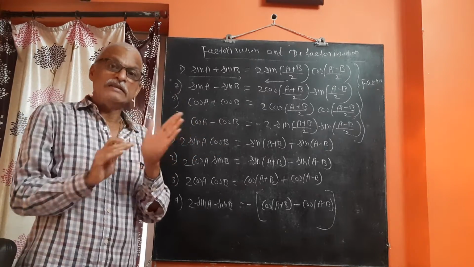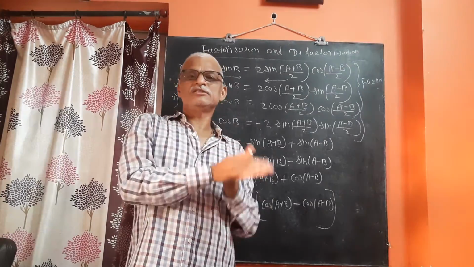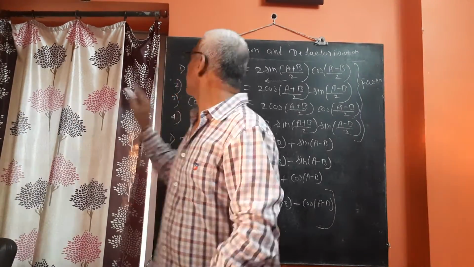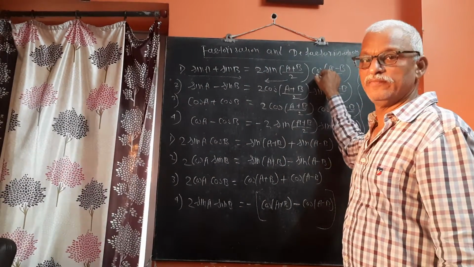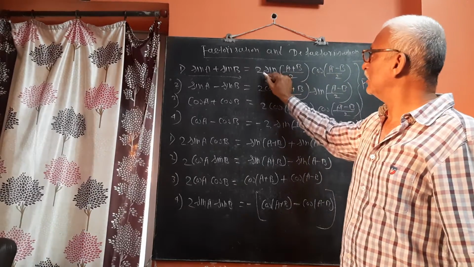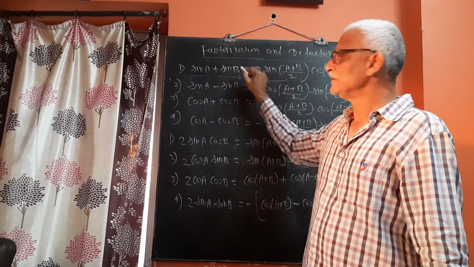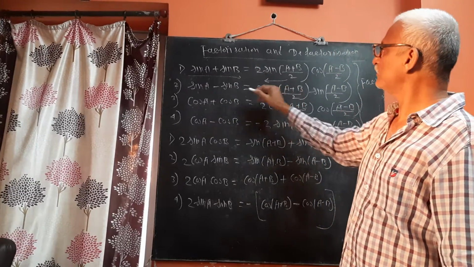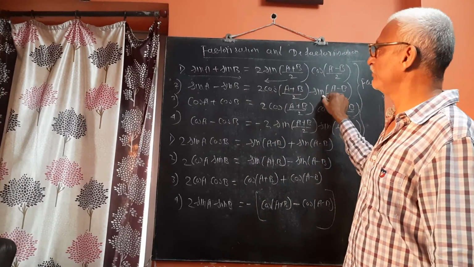How will you remember? The addition of 2 sin is the multiplication of sin and cos, that is factorization. Defactorization is: the multiplication of sin and cos is the addition of 2 sin. Same here, the subtraction of 2 sin is the multiplication of cos and sin.